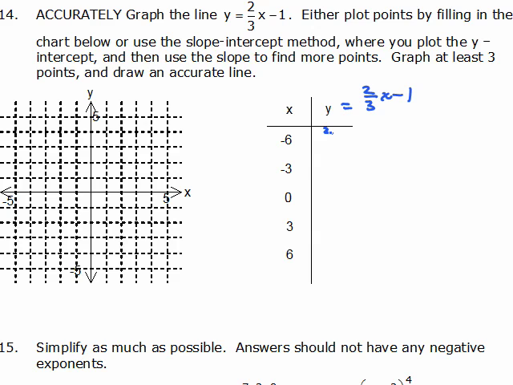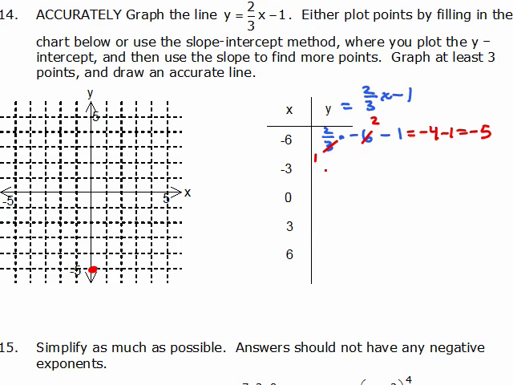So we have to do 2/3 times -6 minus 1, and you have to multiply first. So that's -4 minus 1 is -5.